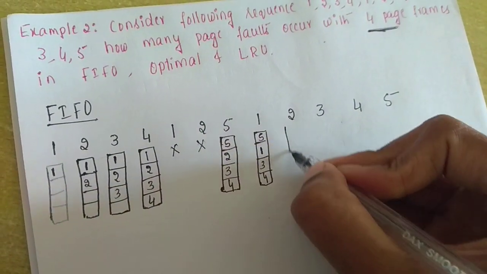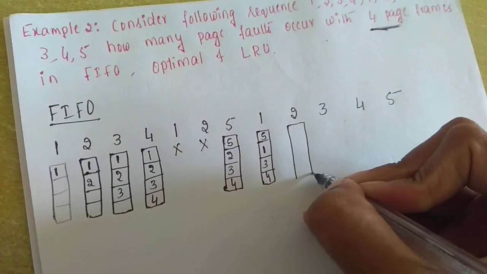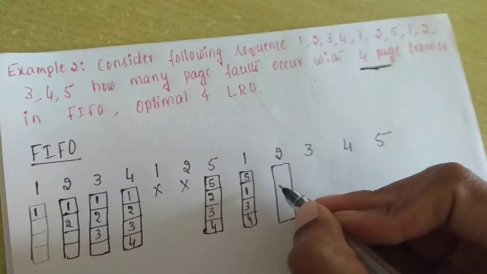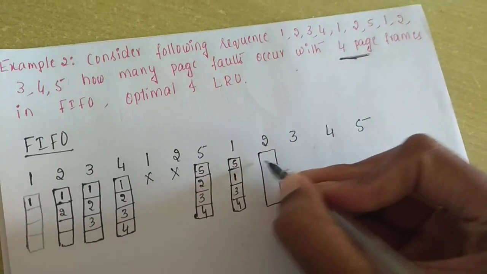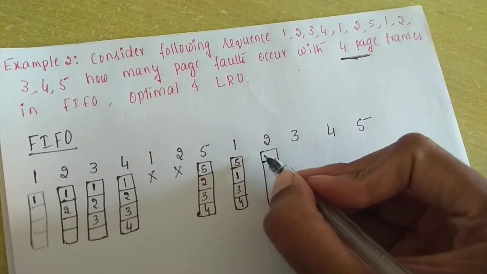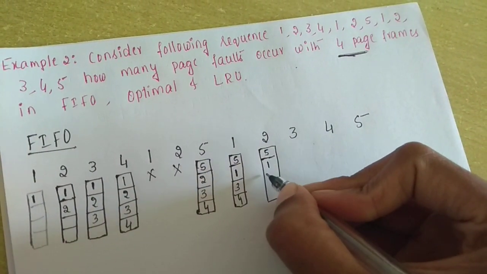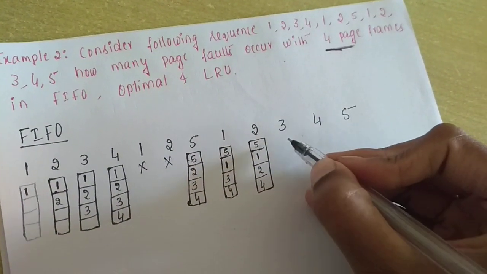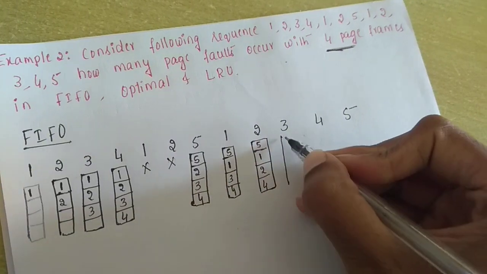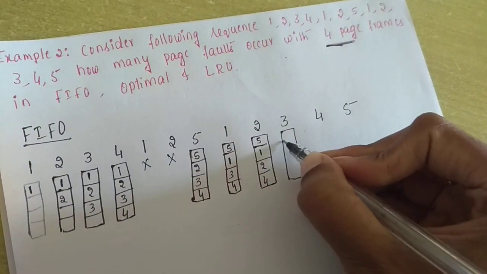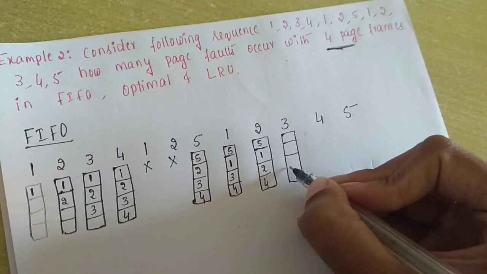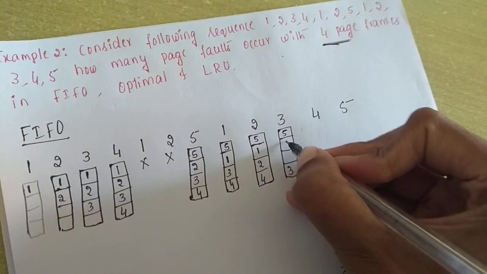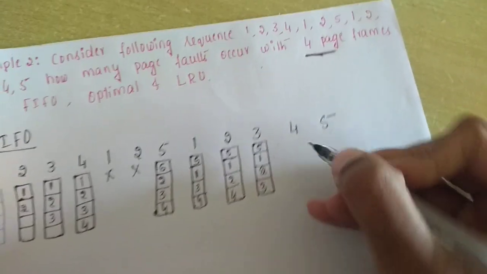Then 2 also we need, so insert that. Consider the place of 3, which was inserted next to 2. So 2, 4. Next we need to insert 3. The place we need to select is 4. Then copy the remaining elements as it is.